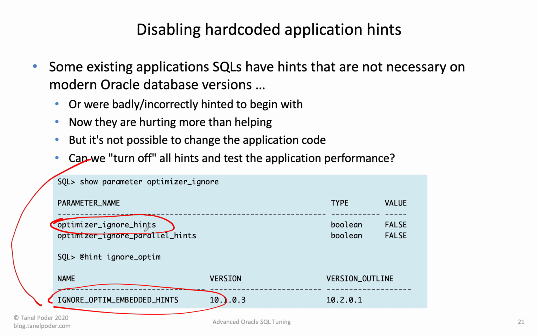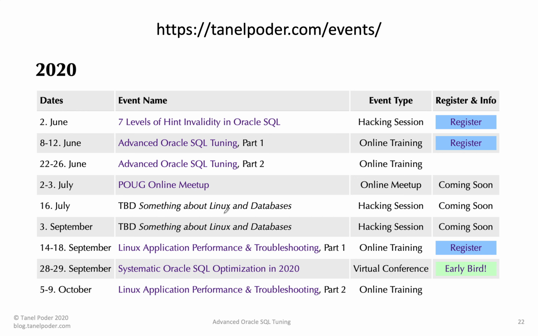Set it system-wide, or use an alter session in a login trigger. Before you start tuning anything manually, just disable all hints and run your workload. It might actually work. Maybe 99 of your queries are okay now, and all the over-hinted queries are fine. Maybe one query goes bad without hints, but at least you only have one query to tune, not 99. So this is cool. All right.